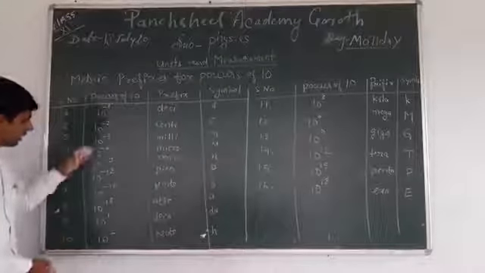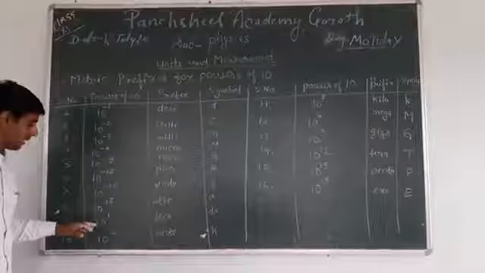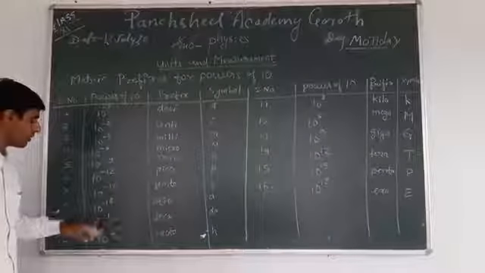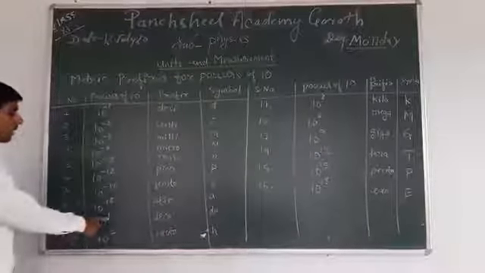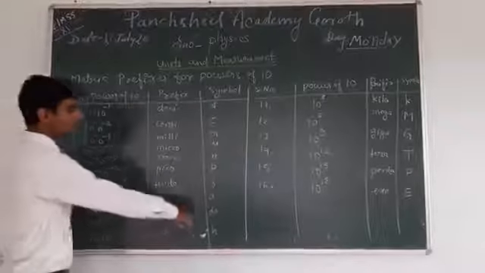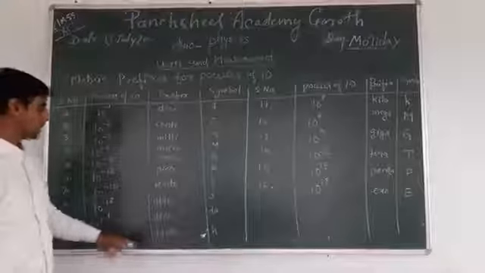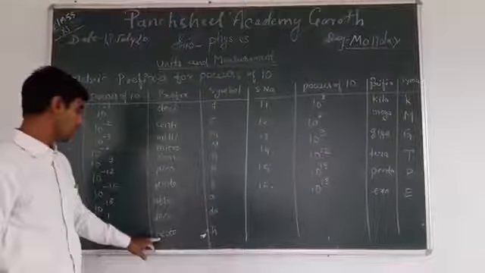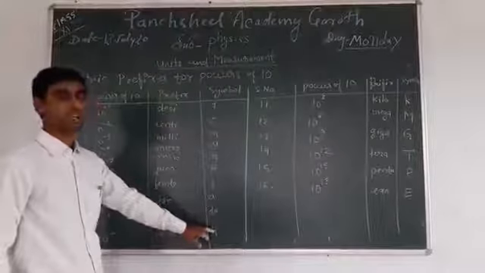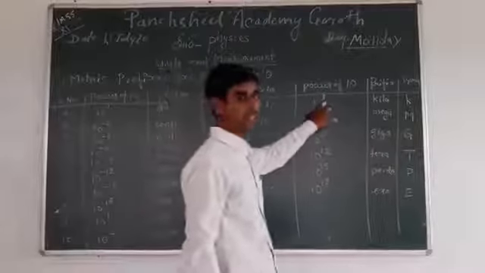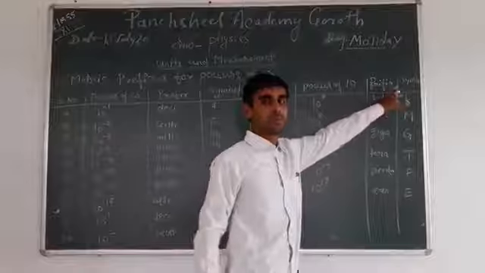Next, in ascending order, the powers in positive exponents. 10 to the power 1 is deca, symbol da. 10 to the power 2, its prefix is hecto and symbol small h. Next, 10 to the power 3 is kilo and the symbol is small k.